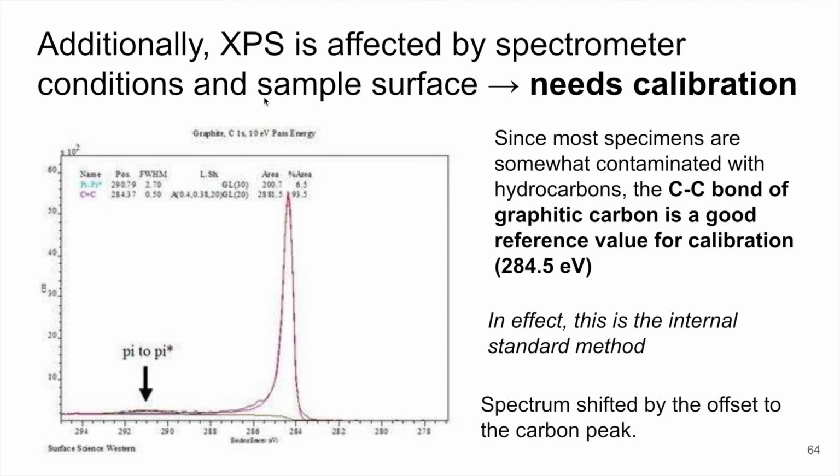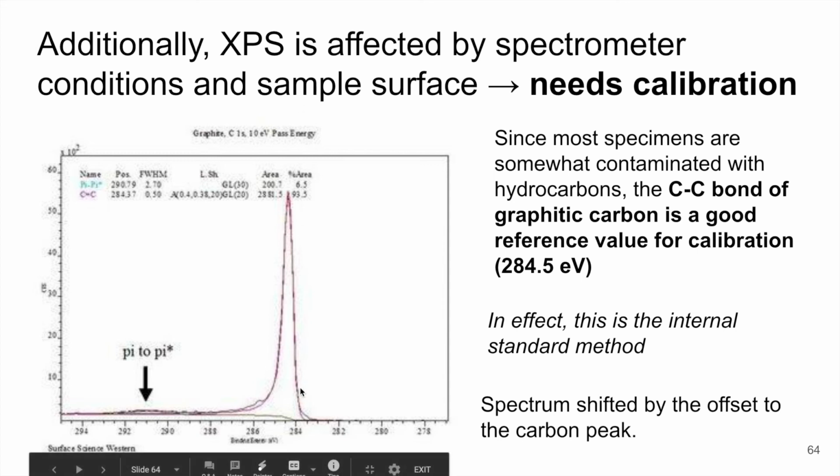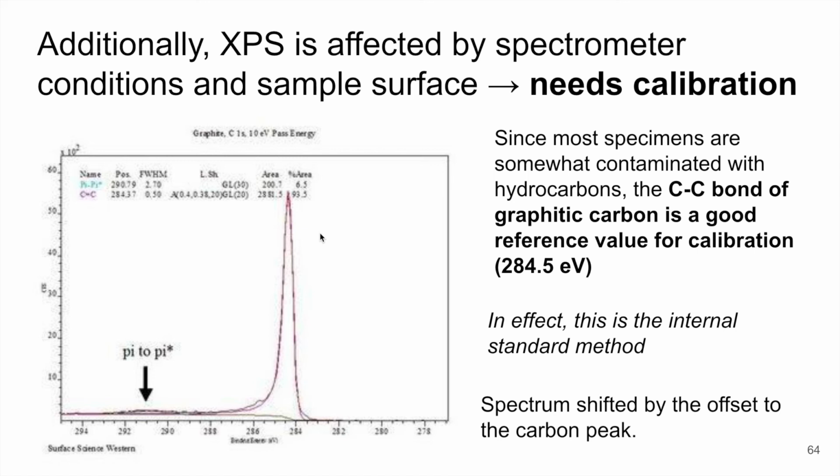And so, we can see a peak like this that's the carbon bond, which should be at 284.5. And if our value is something different, we can basically shift that to accommodate for the conditions of our XPS and also the sample condition.